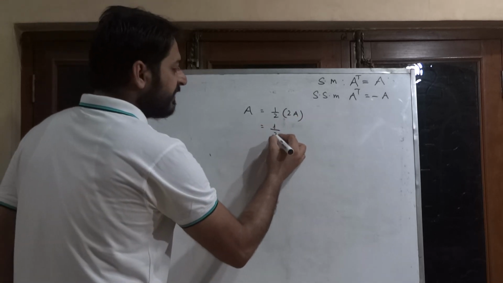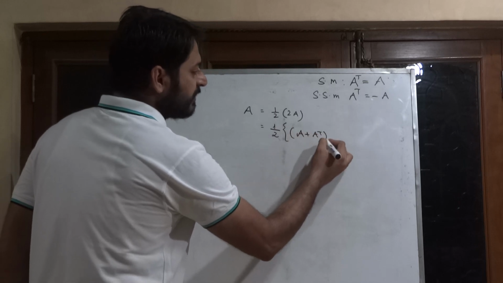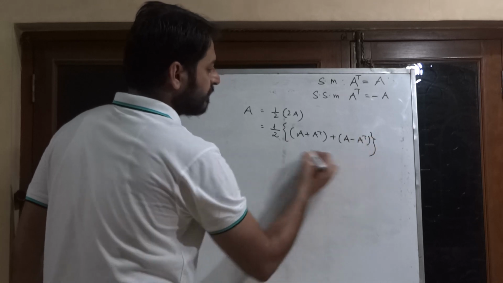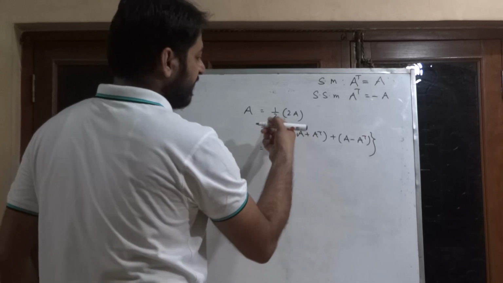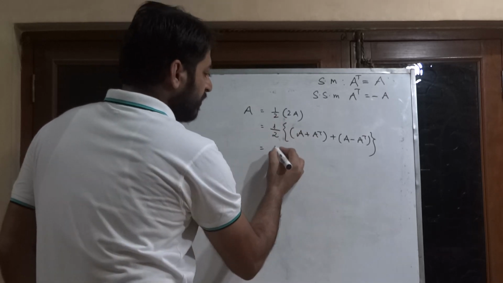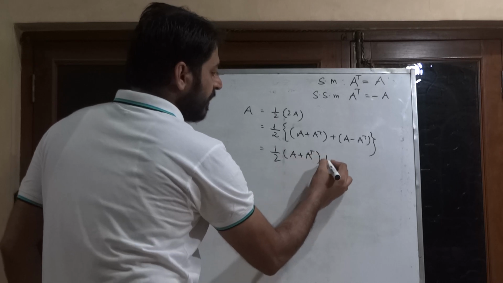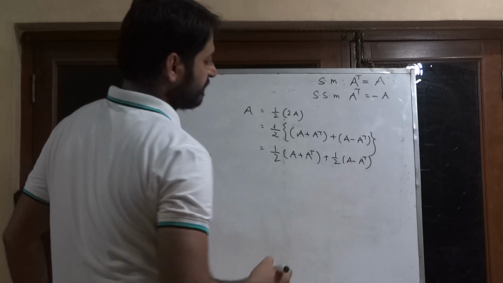Now can I write this 2A as A plus A transpose plus A minus A transpose? A transpose gets cancelled, and it again gives me the same equation. So it is half of A plus A transpose plus half of A minus A transpose.